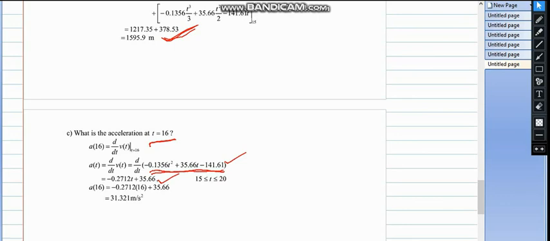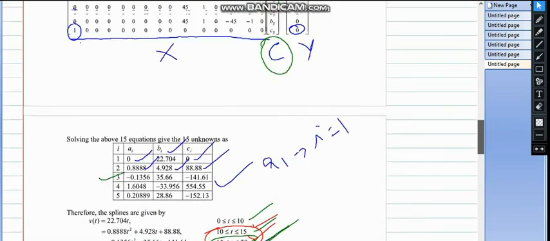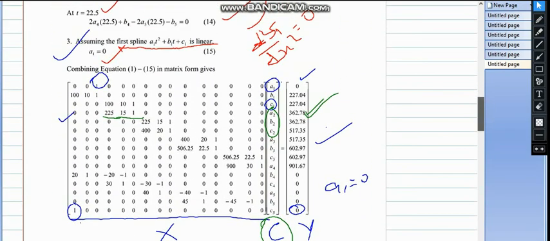Okay, and in that equation we substitute 16, so that it gives the acceleration at 16. So we substitute t equal to 16, and the acceleration becomes 31.321. So this is the basic idea of how to calculate different data points in between each spline.